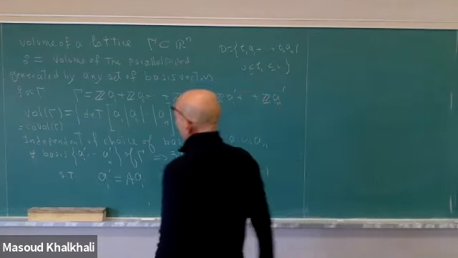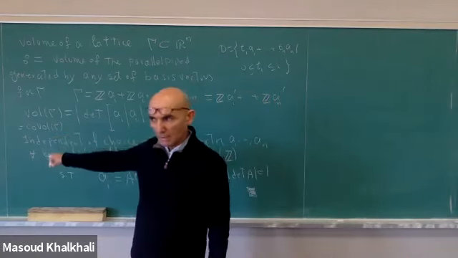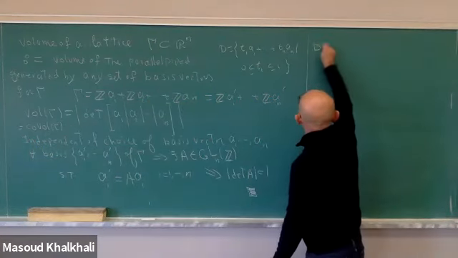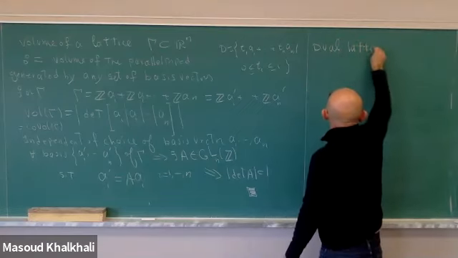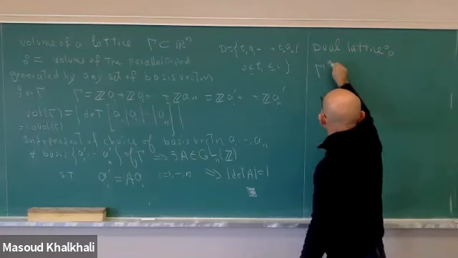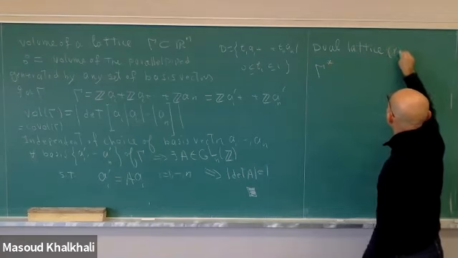Now another concept that we need is the dual lattice or reciprocal lattice. So dual lattice, gamma star. In physics literature, this is called the reciprocal lattice.